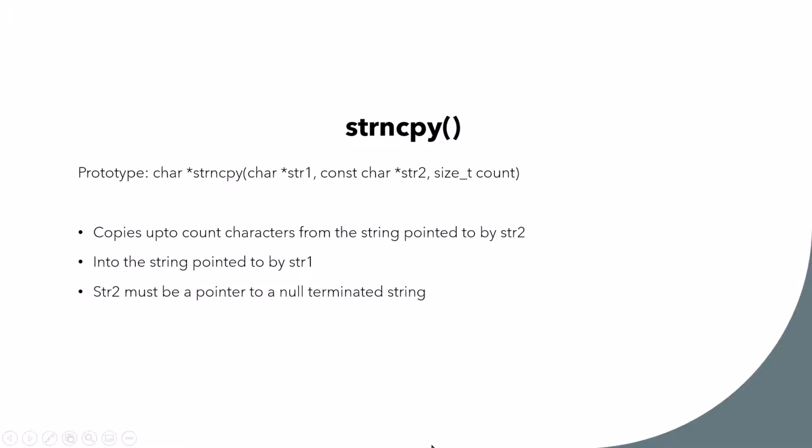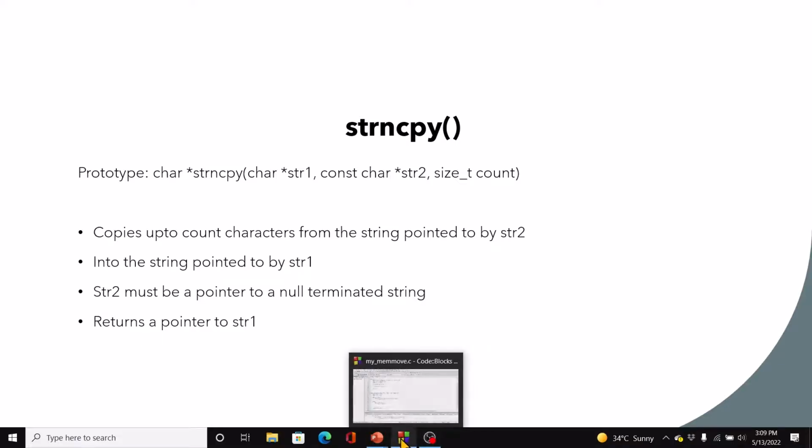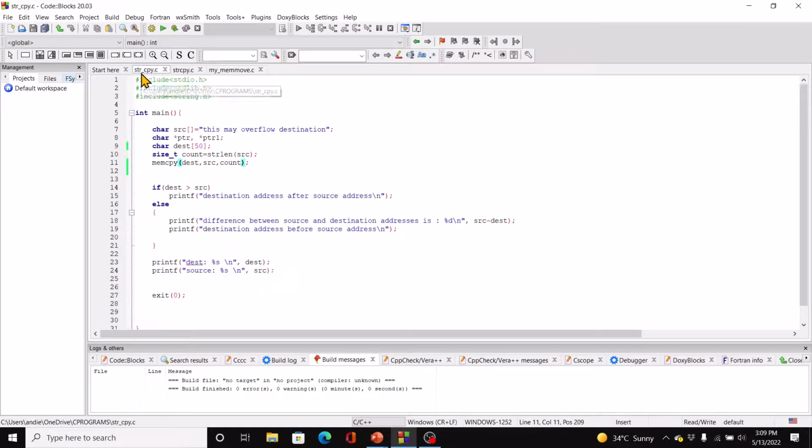Right? Remember why str2 must be a pointer to a null terminated string? Because if str1 is going to be overwritten, then str2 itself needs to be terminated. Returns a pointer to str1.